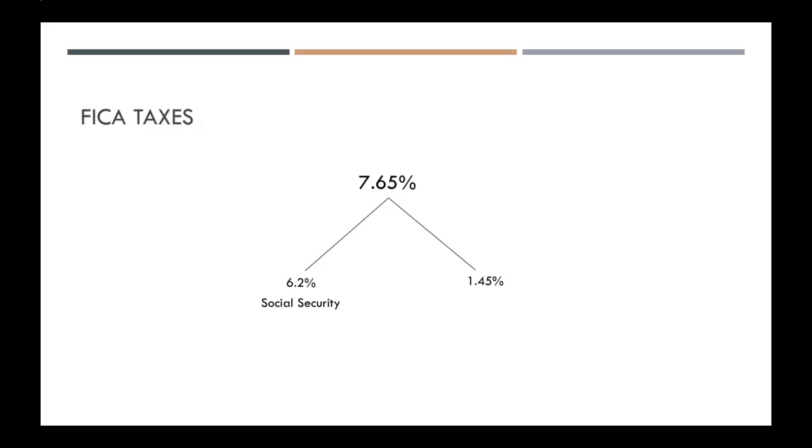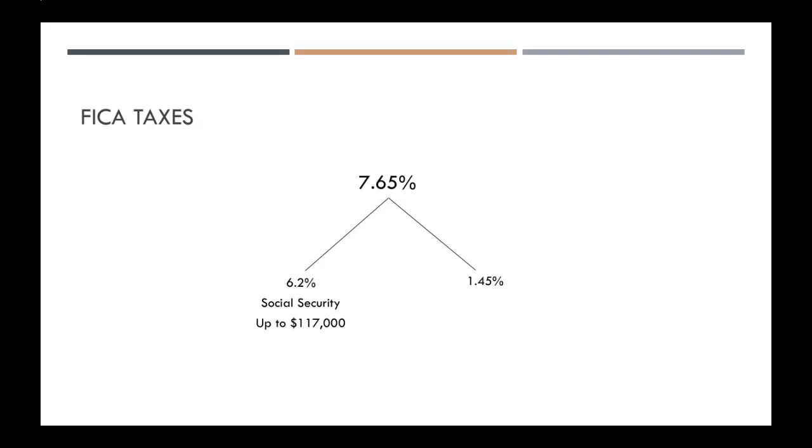Now, this has a special limit on it, right? So, up to $117,000 in gross earnings per year. So, someone will have to pay Social Security taxes up until they hit that threshold.